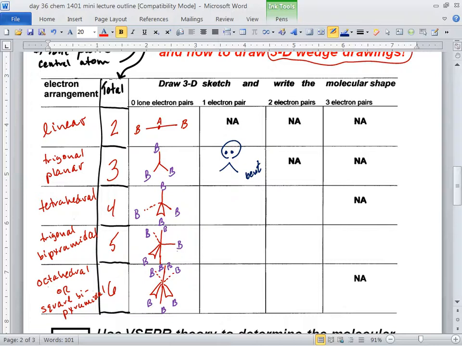So if we have one lone pair for tetrahedral, again, we just erase the top guy. So all that's left, put a lone pair in. All that's left is my dash, my wedge, my solid. So you have a triangle on the bottom with a little peak, right?